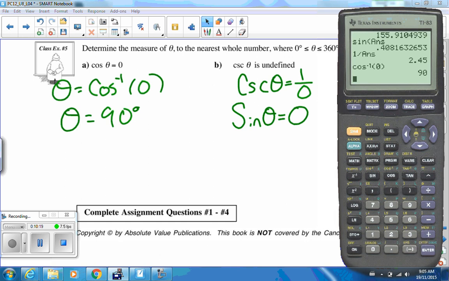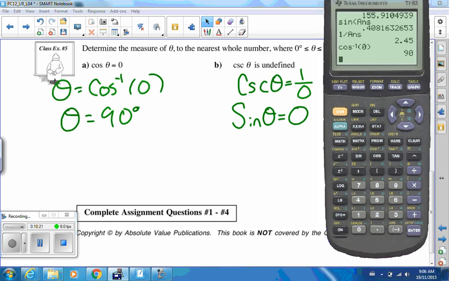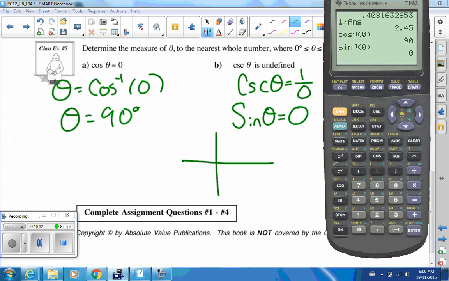Now, as it turns out, if I do this, arc sine of 0, wait a sec, that doesn't make any sense, but actually it does. Because my horizontal line, where my y values are 0, or my sine is 0, are right here and right here. So again, I have two solutions, which are going to be 0 and 180 degrees.